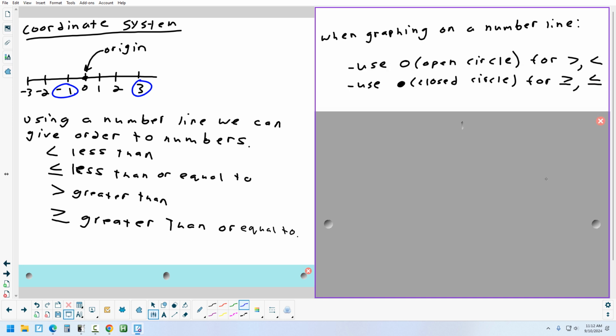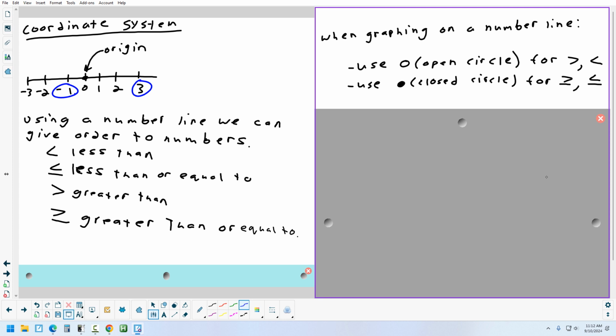You use each one depending on your symbol. If your symbol has the equal to, you fill the circle in. If it doesn't have the equal to, you don't fill it in. So that's the first thing we have to do.